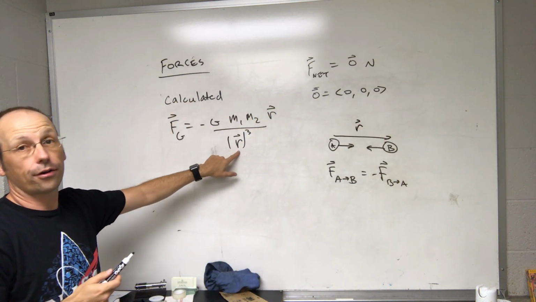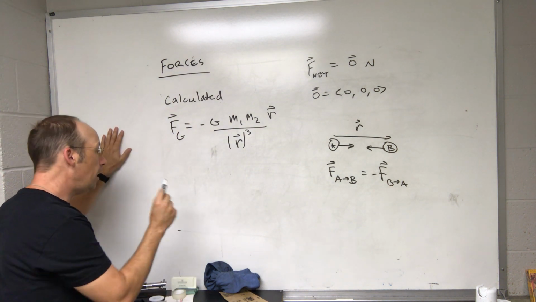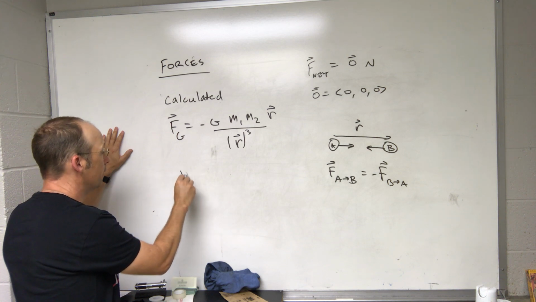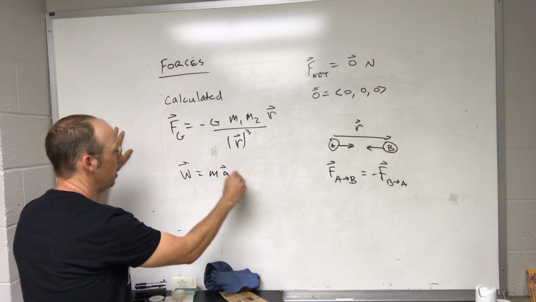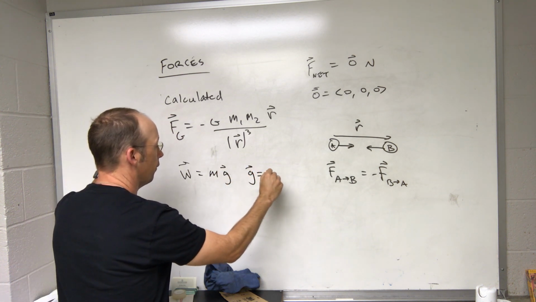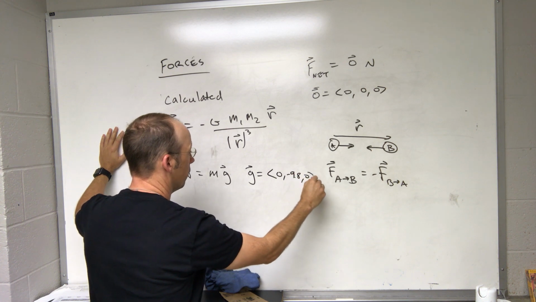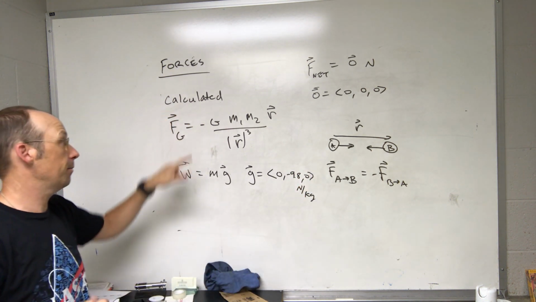And then that's R cubed, and that gives you the whole force. If you're on the surface of the Earth, we can write this as the weight. You could use W. And it's just mass times G, where G equals the vector 0, negative 9.8, 0 newtons per kilogram. And that's just an approximation to that form.